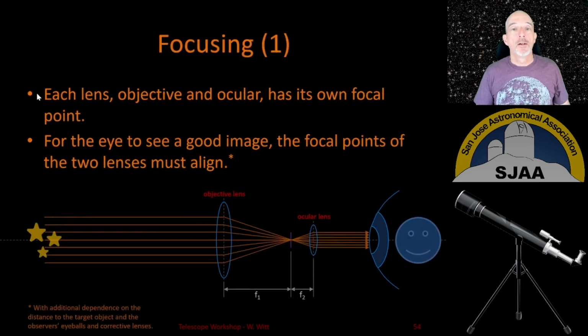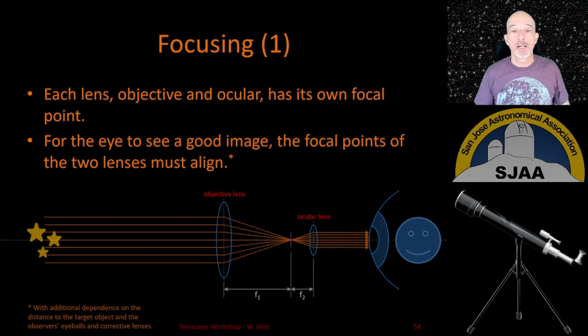So, each lens, objective and ocular, has its own focal point. We saw that already on Sunday, right? And here was the same kind of diagram that we showed on Sunday. Here's the objective lens, here's the ocular lens. Together they form our light funnel. And the objective lens has a certain focal length to its focal point that sits here, and the ocular lens has its own focal length to its focal point that sits in the same spot in this diagram.